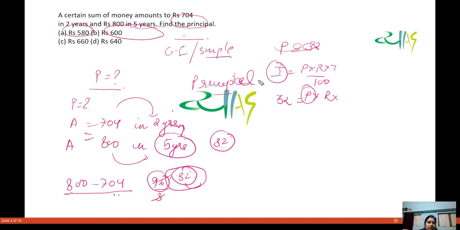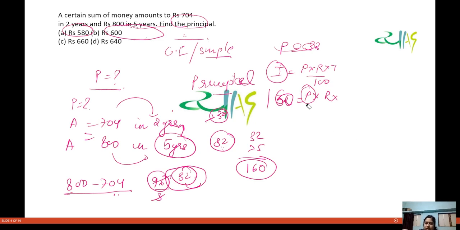And then you have, let's say, time. So see, if for a single year I am earning interest of 32, then for 5 years how much interest am I earning? 32 into 5, that means 160 interest I am earning. So I'll keep this interest as 160.